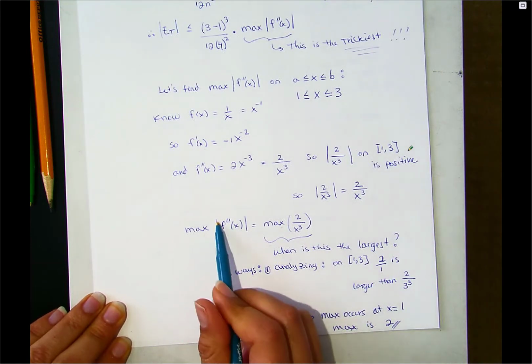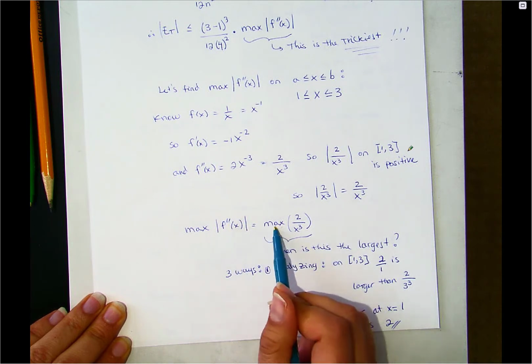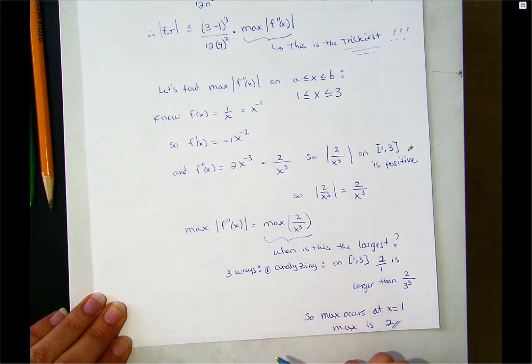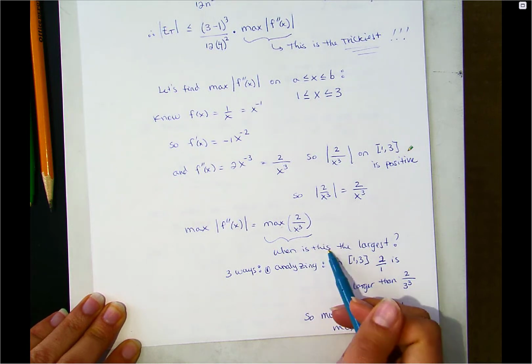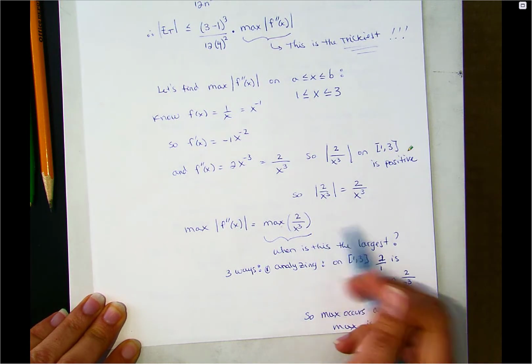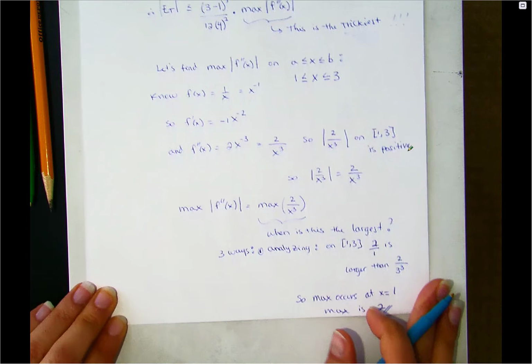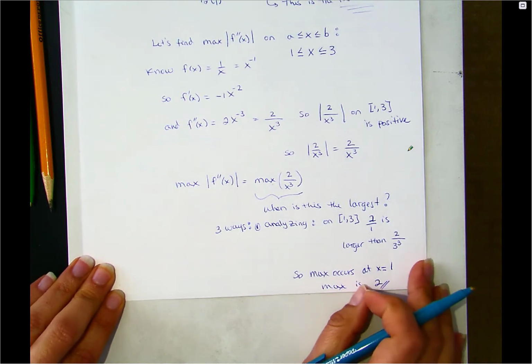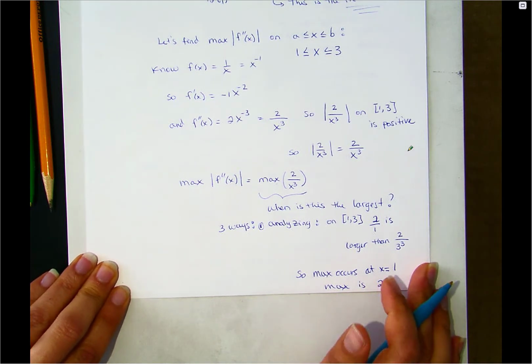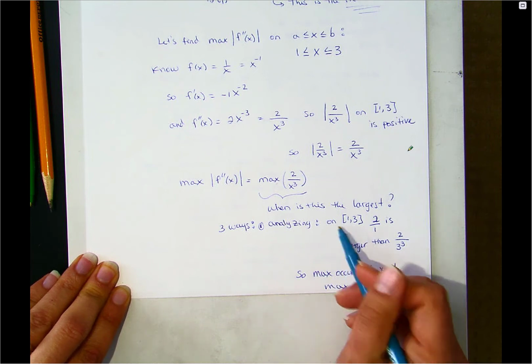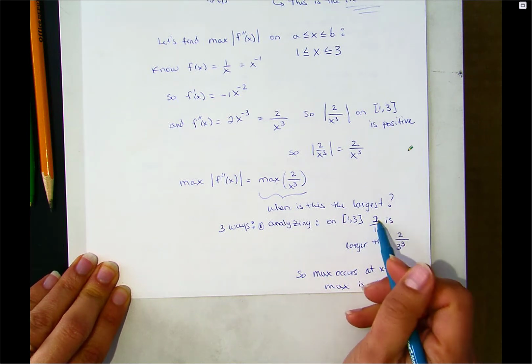So the maximum of the absolute value of the second derivative is really just the maximum of the function 2 over x cubed. So when is this the largest? We want to find the maximum. And there are 3 ways that we can do this. We can do it by just analyzing the function on 1 to 3.